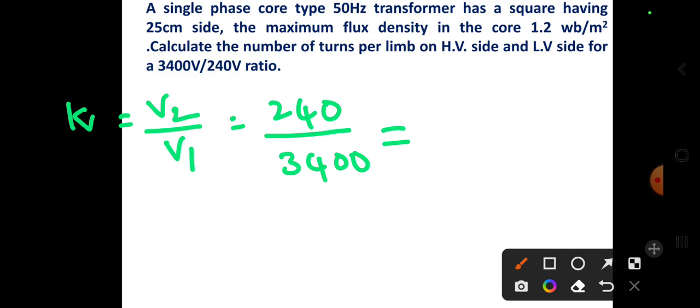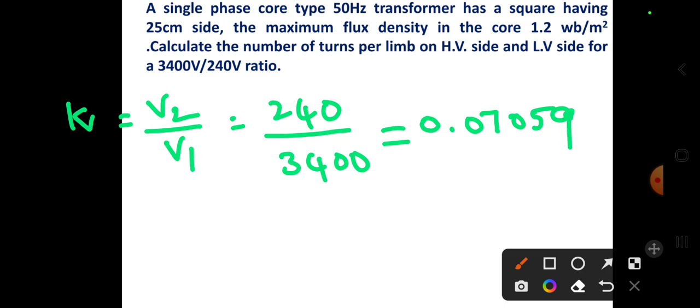How much is this value? This is about 0.07059. Yes, once you know this value, then you can easily find out what is N1, what is N2, like this. And then phi m you can find out.